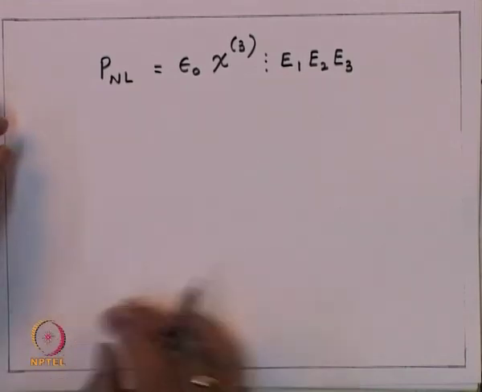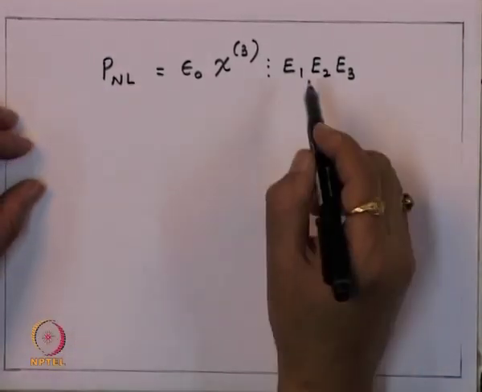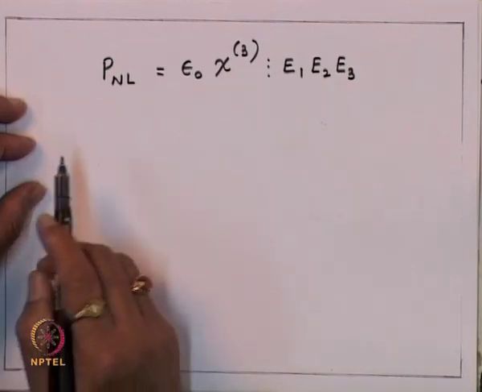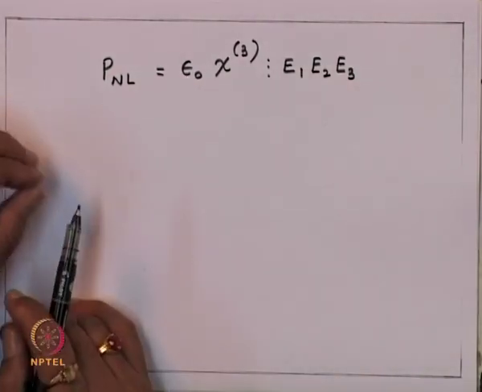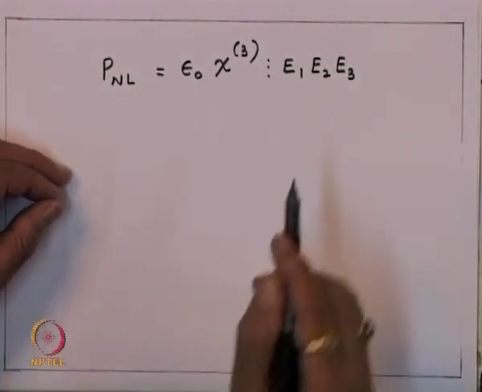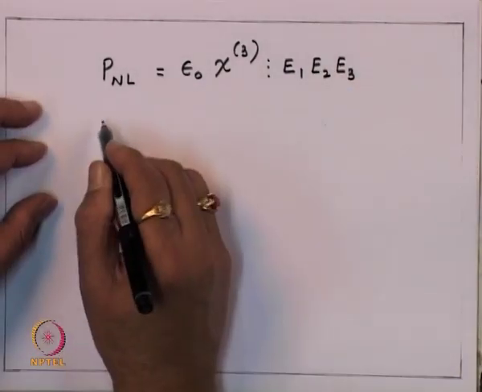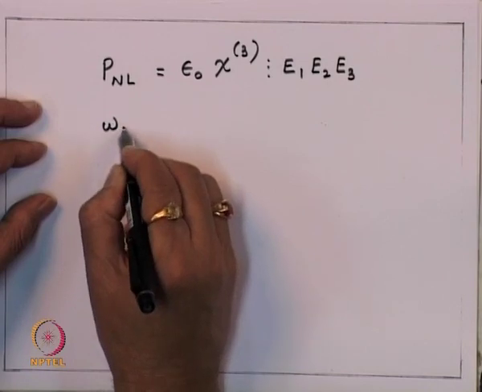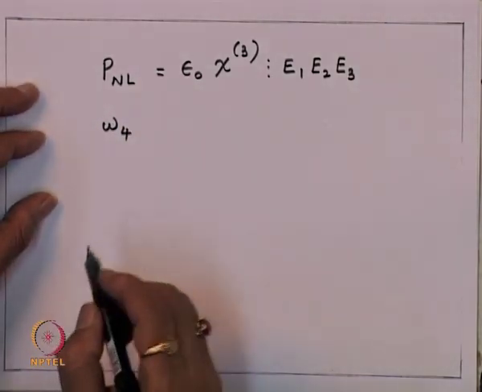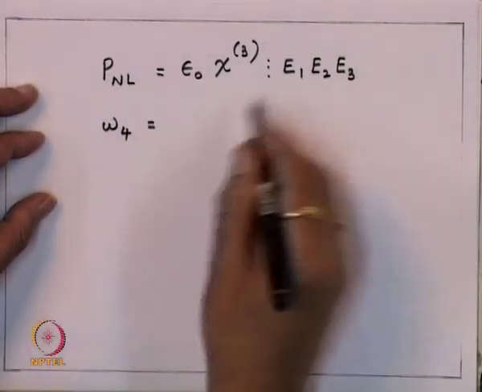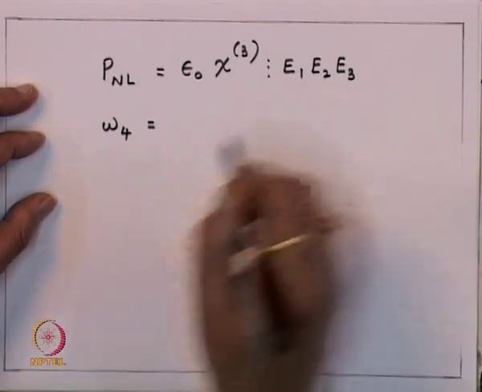So, I have 3 frequencies simultaneously put inside the optical fiber. They will interact through this term, and because of this intermodulation they will produce the fourth frequency, which will be the sum and difference frequency of the 3 signals.